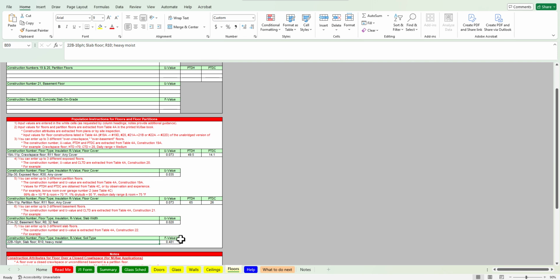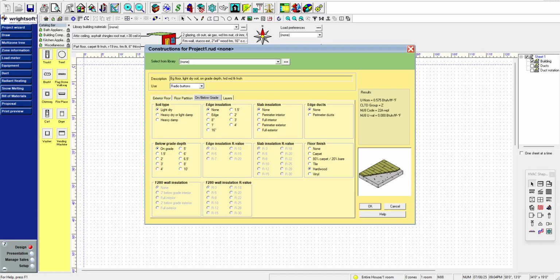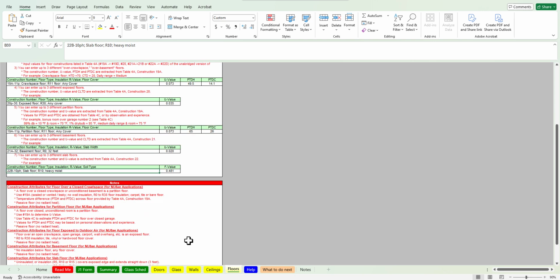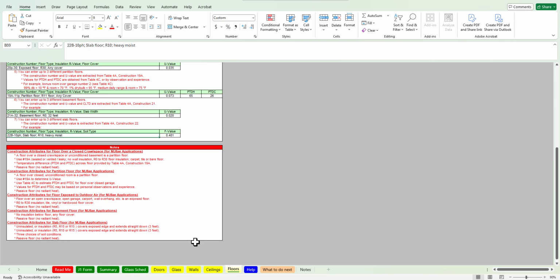The one they give as an example is 0.48. But that uses R10. Okay. The U value is going to be, okay, this UNOM, this nominal U value is going to be similar to the F value. Now again, the higher this number, the more heat will transfer through. Okay.